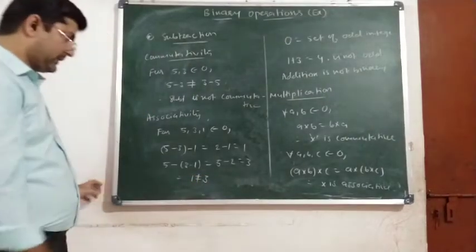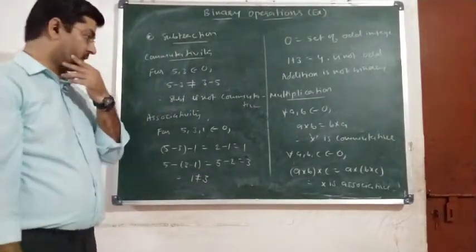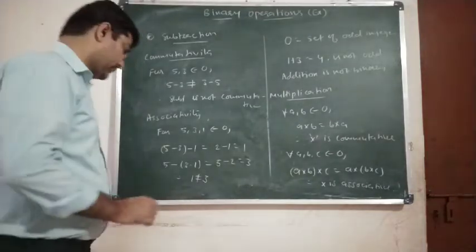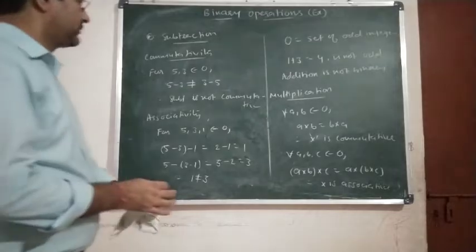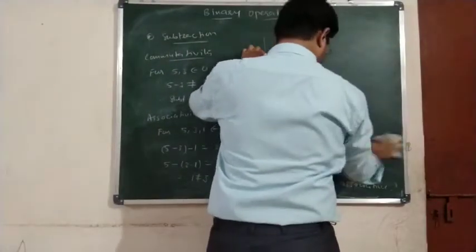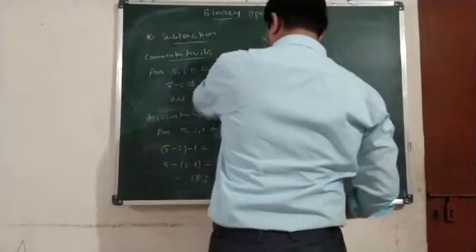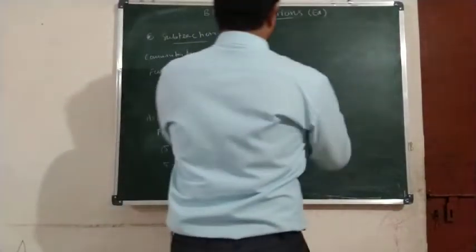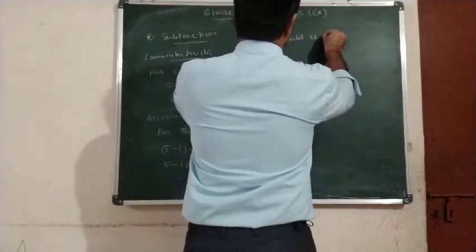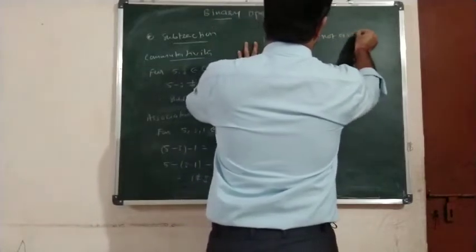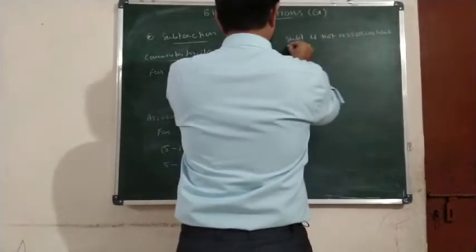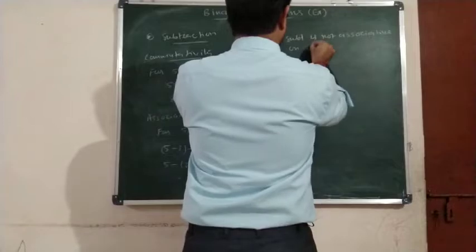It is very clear, and therefore associativity also does not hold. We will write down over here that subtraction is not associative on set O.